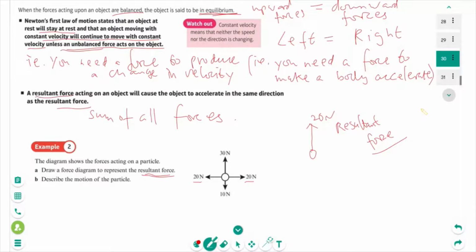So describe the motion of the particle: the particle accelerates because there is a resultant force acting on it, and the direction of the acceleration is the same as the resultant force, so the particle accelerates upwards.